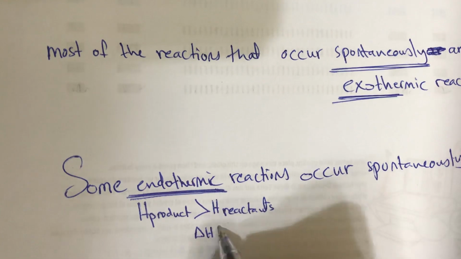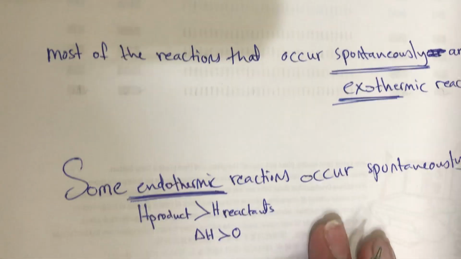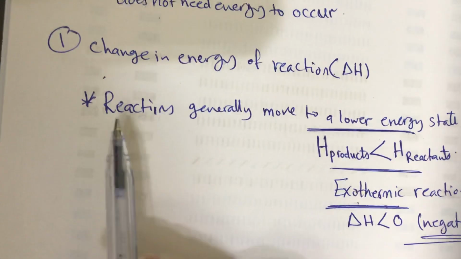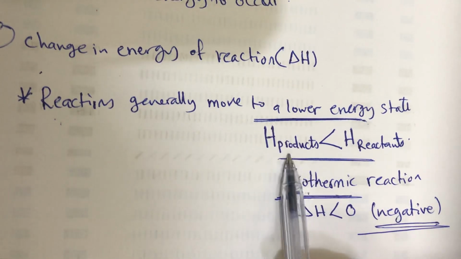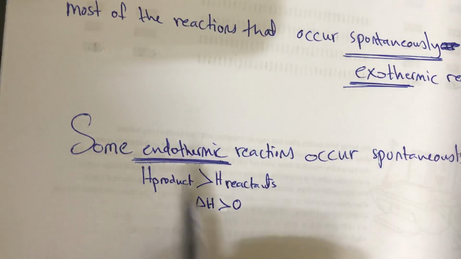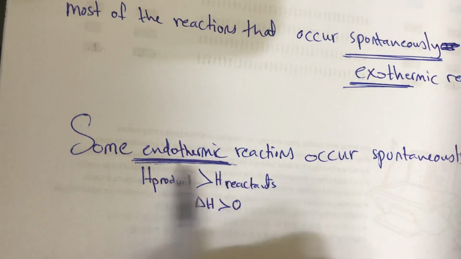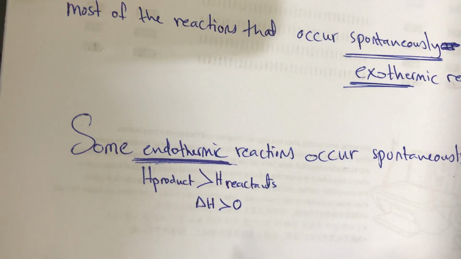Delta H is positive. The rule is reactions generally move to a lower energy when the energy of the products is less than the energy of the reactants. So why do some endothermic reactions occur spontaneously?